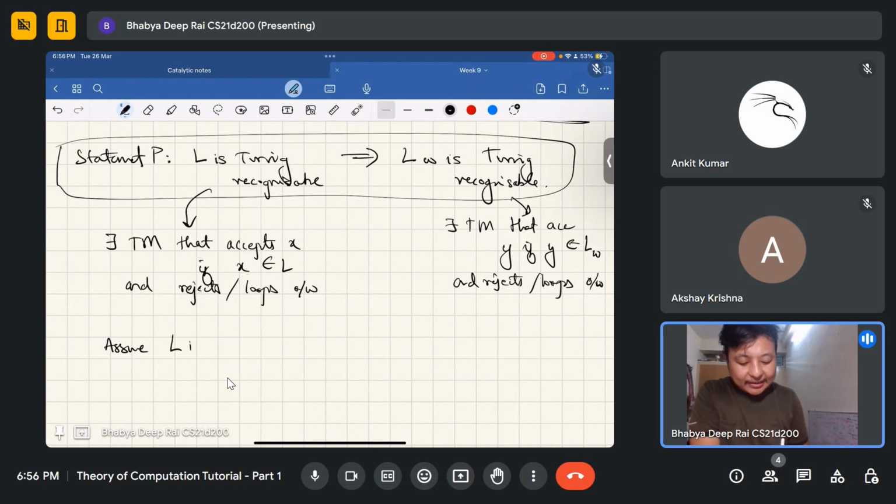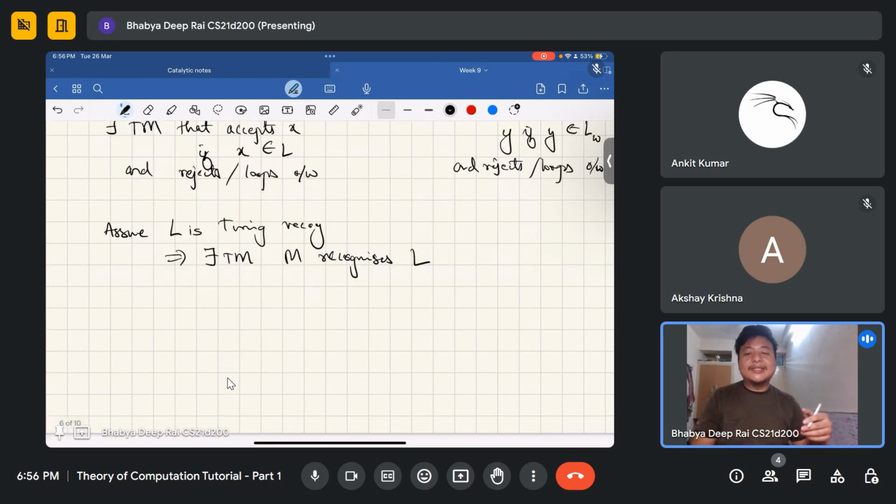We'll assume that L is Turing recognizable, which means that there exists a Turing machine, we'll call it M, that accepts X if X is in L and rejects or loops otherwise, and this is what we call recognizes. There exists a Turing machine M that recognizes L.